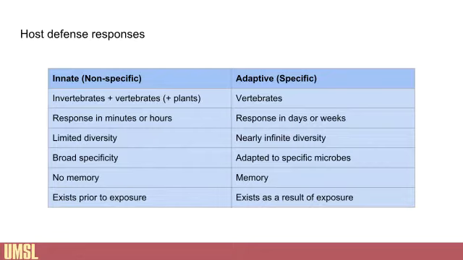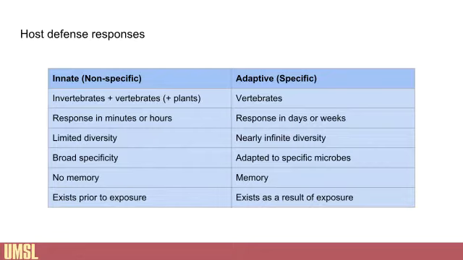And also importantly, it exists as a result of exposure. So we don't just start building a sea of different antibodies to everything. We have to see something in order to develop antibodies to it. And also we have memory of things that we've seen, and this is essentially the basis of vaccination, right?